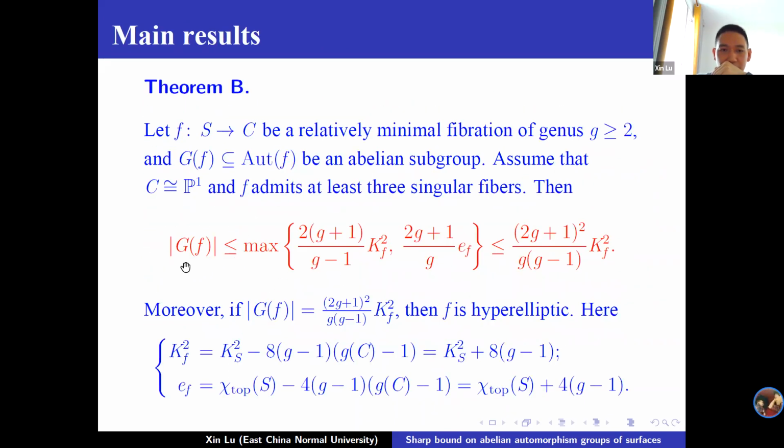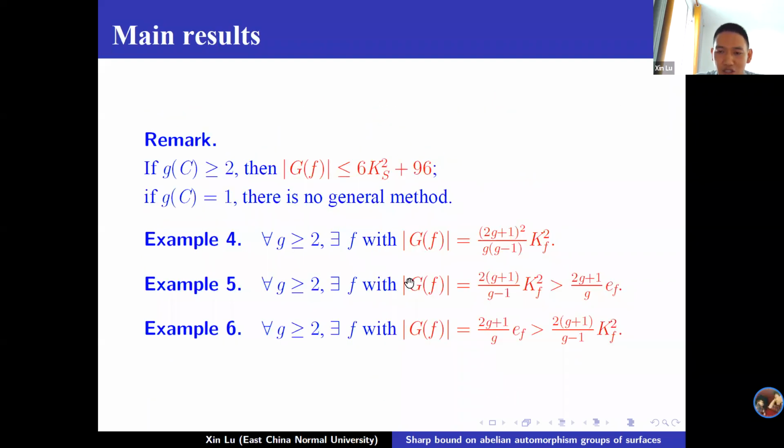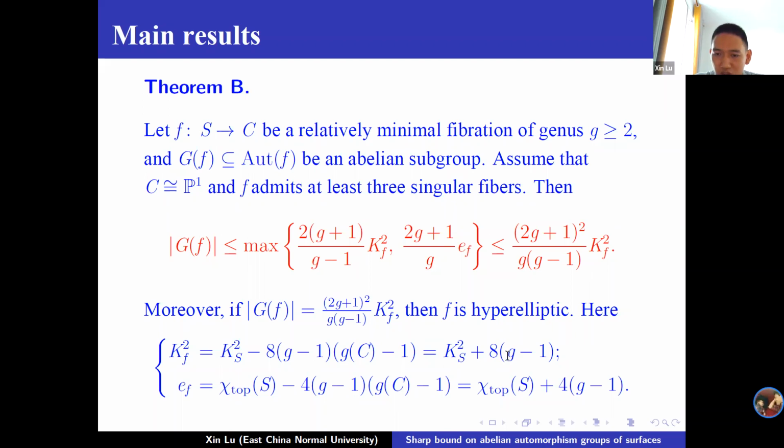And here in the theorem B, we have an upper bound: the order of G is bounded from above by this number. If g is large, this is almost 4 times Kf square, and Kf square is just Ks square plus 8 times g. And here, if this canonical degree is not too large, then the genus g will not be too large, and then this Ks square plus 8 times g is almost a linear function in Ks square.